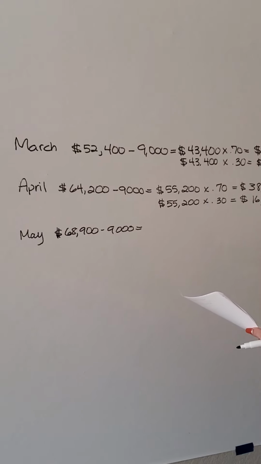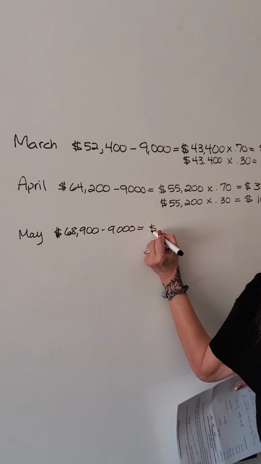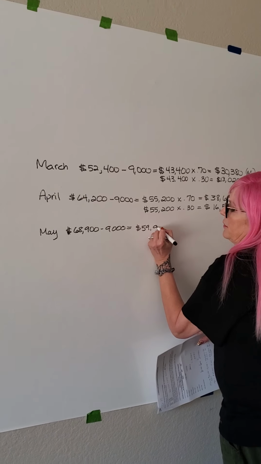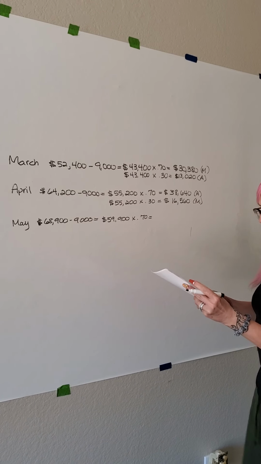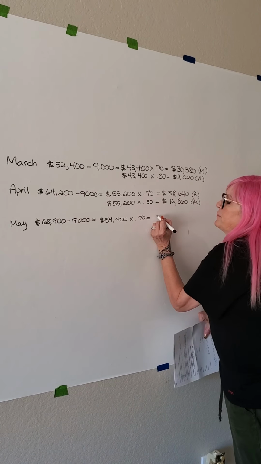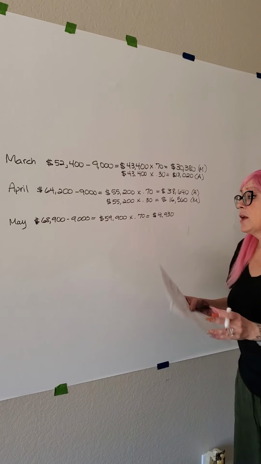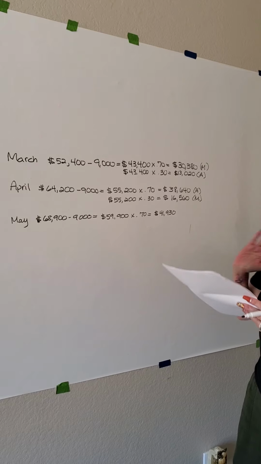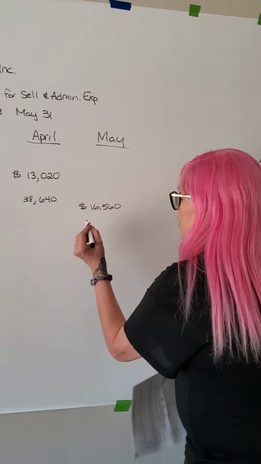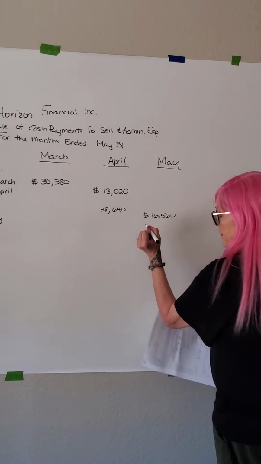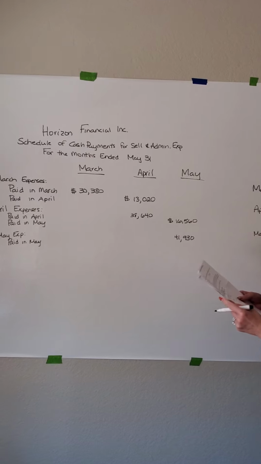It's going to give us cash expenses of $59,900. I'm going to multiply that by 70%, and that's going to be $41,930. If you were going further, doing a longer budget, then you would just keep calculating it out. I'm going to add in the $41,930 that's going to be paid in May.